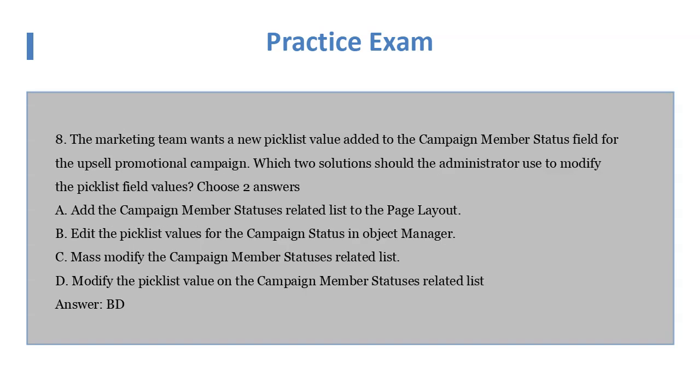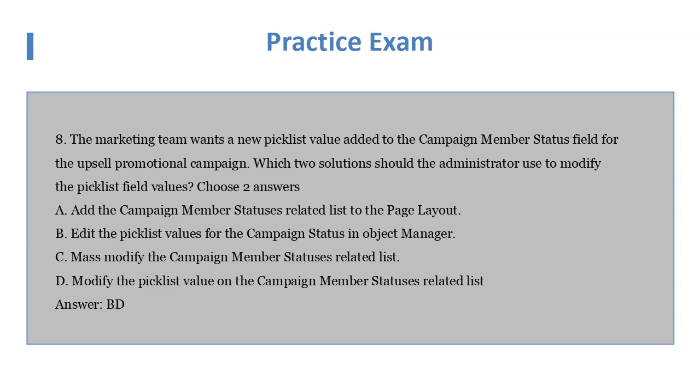8. The marketing team wants a new pick list value added to the campaign member status field for the upsell promotional campaign. Which two solutions should the administrator use to modify the pick list field values? Choose two answers. A. Add the campaign member statuses related list to the page layout.